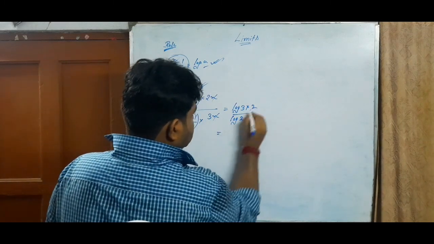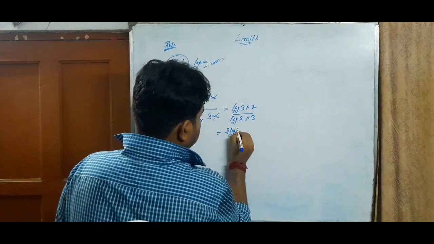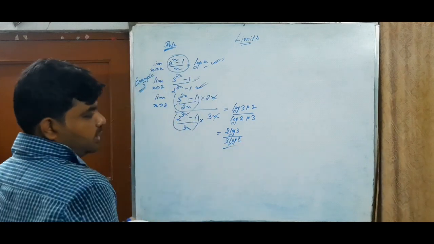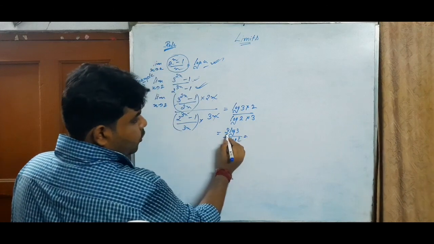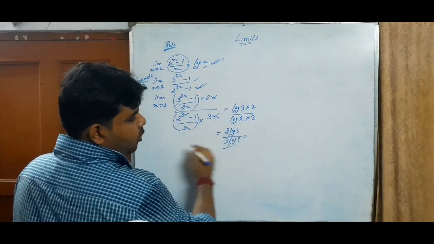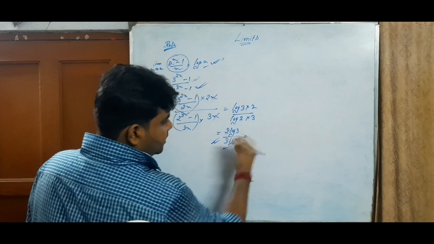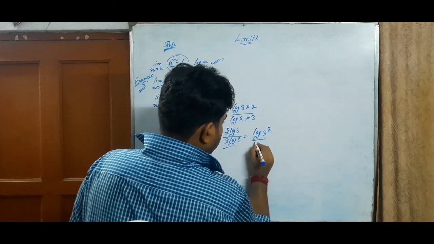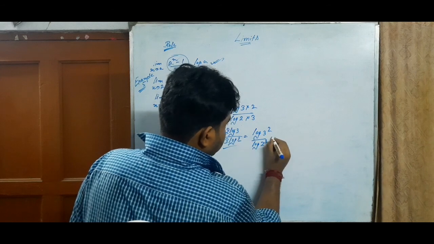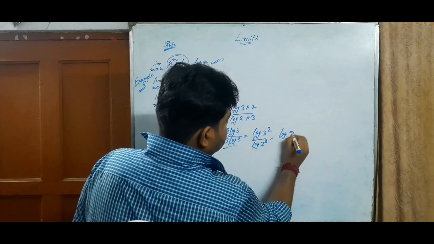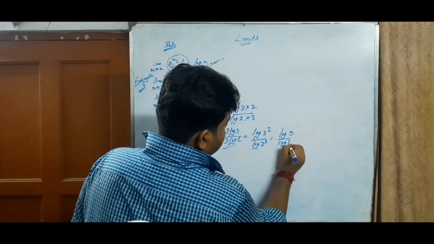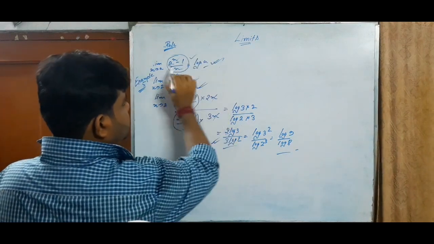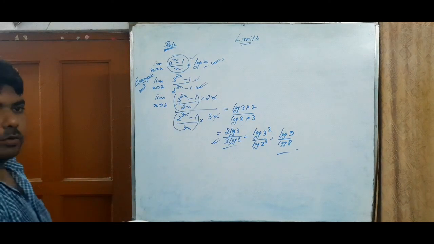Therefore we can write 2 log 3 by 3 log 2, or since the coefficient is the power in case of log, this answer is also correct. We can also simplify it like this: log 3 square by log 2 cube, that is log 9 by log 8. So this is the answer, solving it with this rule.